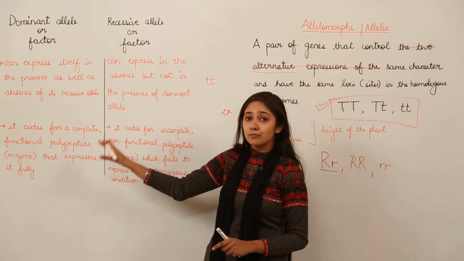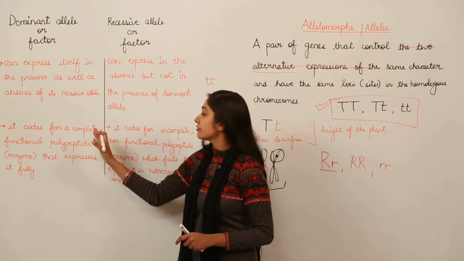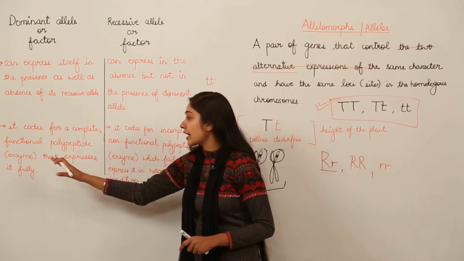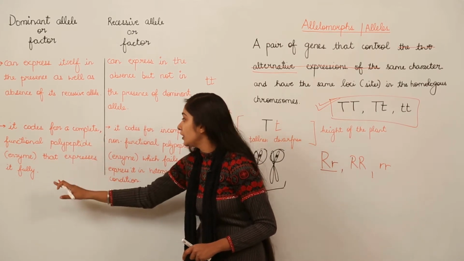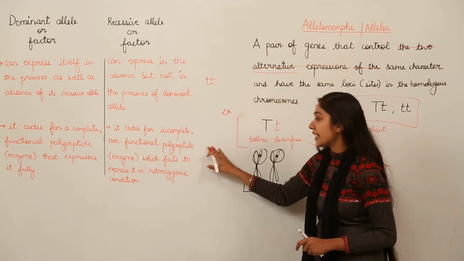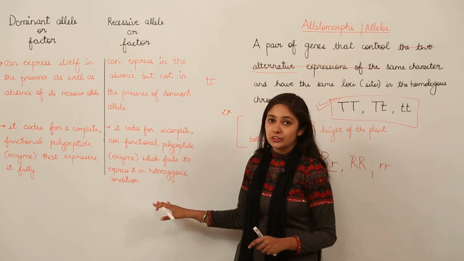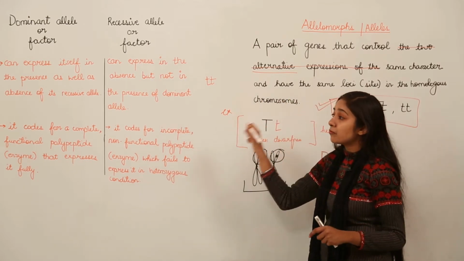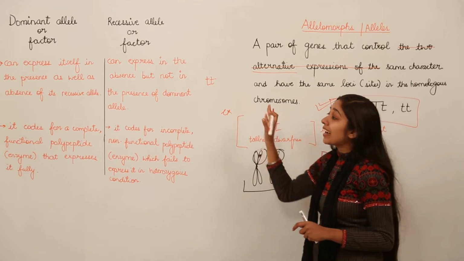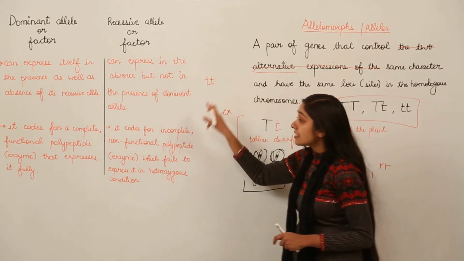Next we move on to the second point of difference between these two. The dominant allele codes for a complete functional polypeptide or enzyme that expresses it fully. The recessive allele codes for an incomplete non-functional polypeptide or enzyme which fails to express it in heterozygous condition. So this is the key point which tells you why the dominant allele is going to express itself and why the recessive allele is not.